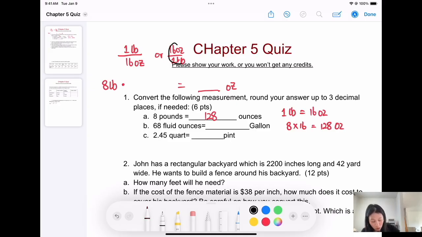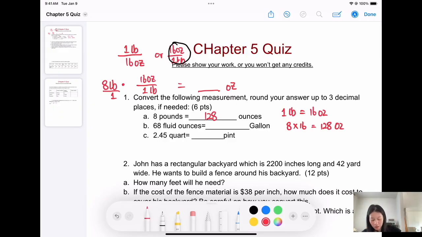I'm going to show you why. So we are going to use the second way. I have 16 ounces and 1 pound. In fraction form, 8 pounds becomes 8 over 1, right? Now if you have a fraction multiplication, the diagonals can cancel each other out.